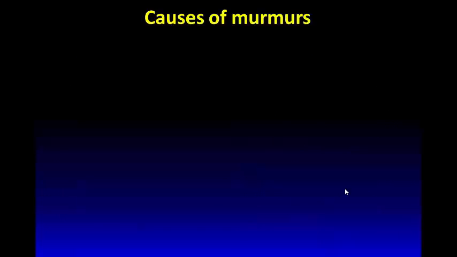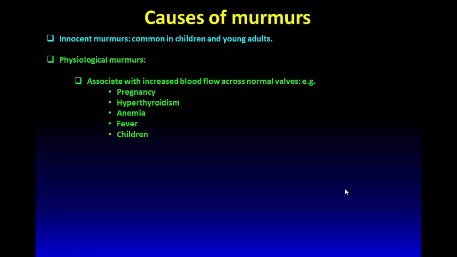So what are the causes of these murmurs then? Murmurs can be innocent, and these innocent murmurs are common in children and young adults. And murmurs can also be physiological.